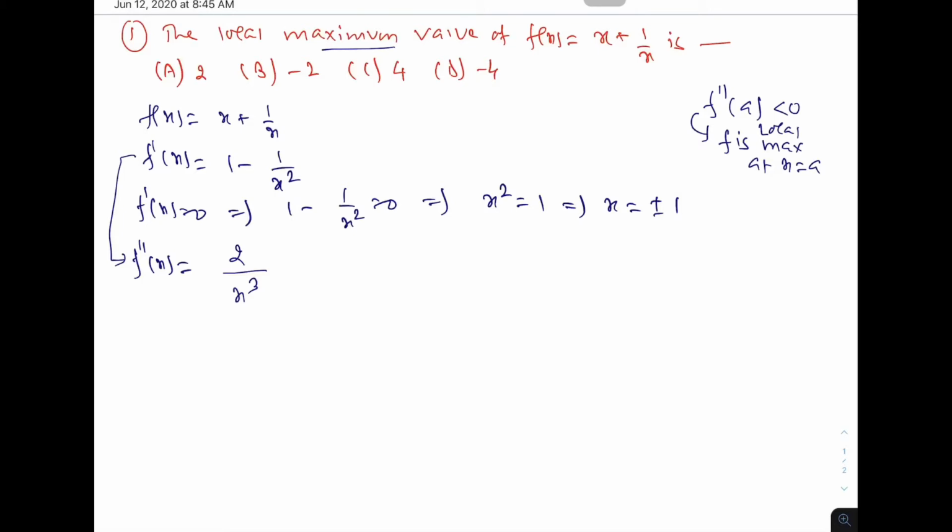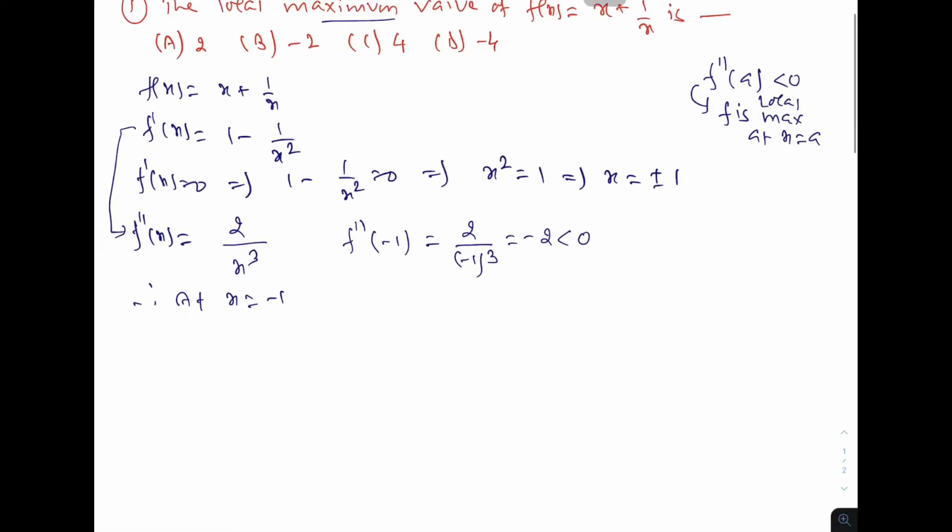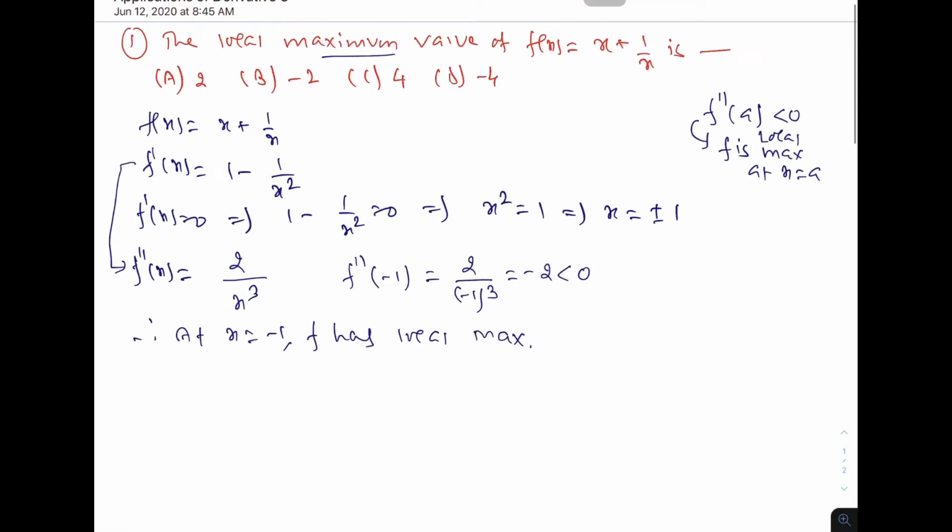Okay, so we are having 1 and minus 1, so we easily find that f second derivative at minus 1 is 2 over minus 1 cube, so that is minus 2, and which is less than 0. So therefore at x equal to minus 1, f has local maximum, and we want local maximum value.